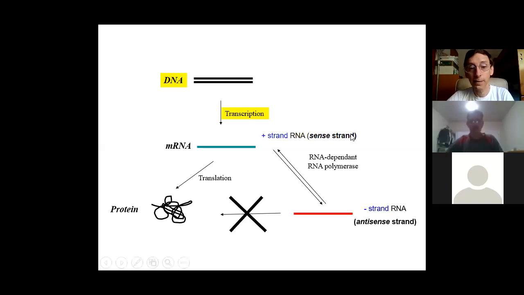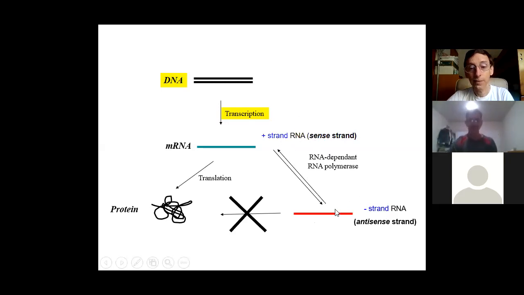And that's how a positive strand virus replicates its genome. It makes the negative strand RNA, which is the complement or antisense, and then it uses that to make more of the positive strand viral genome.